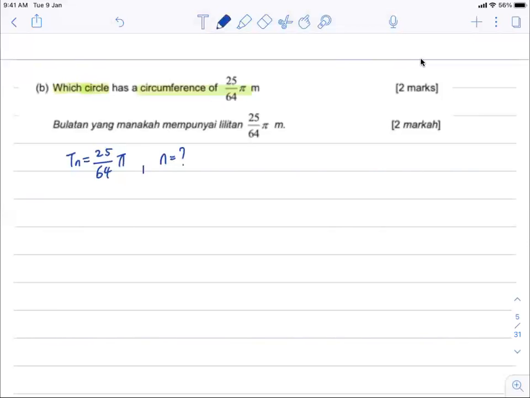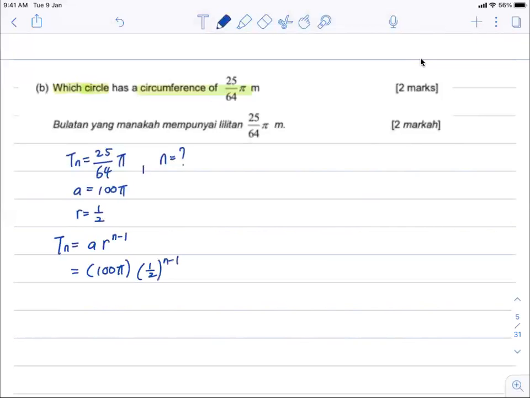So from the previous part, we already know that A is equal to 100 pi, and we also know that R is equal to 1 over 2. So we apply this formula, Tn equal to A multiplied by R power of n minus 1. Substitute in A, 100 pi, substitute in R, power n minus 1.